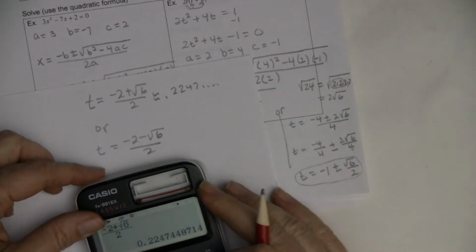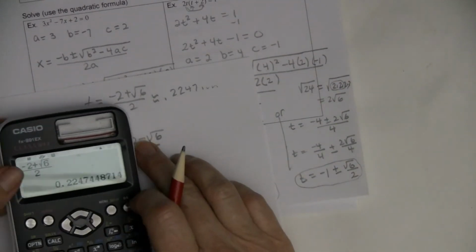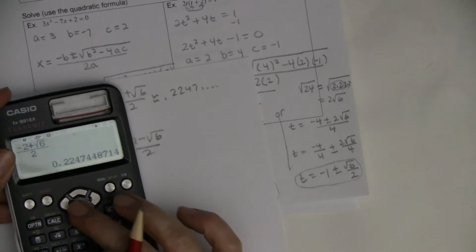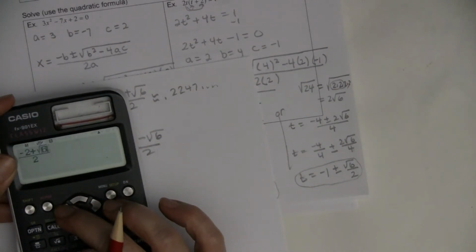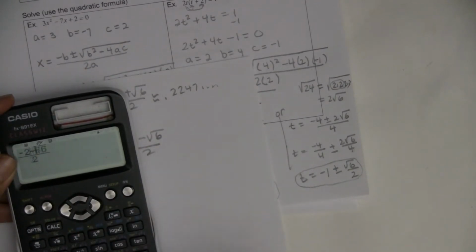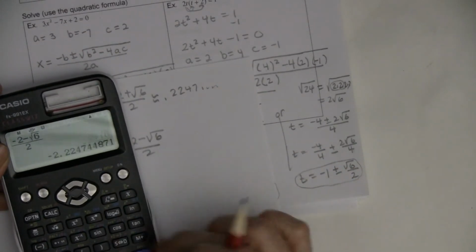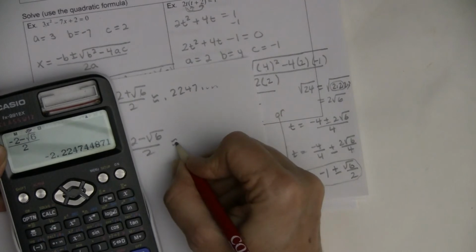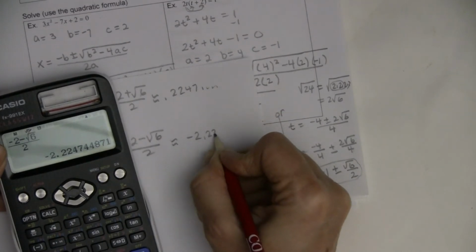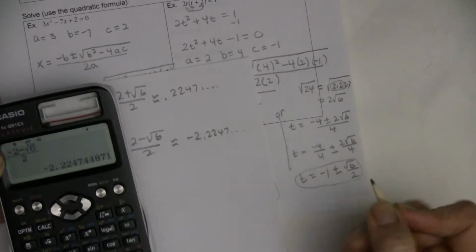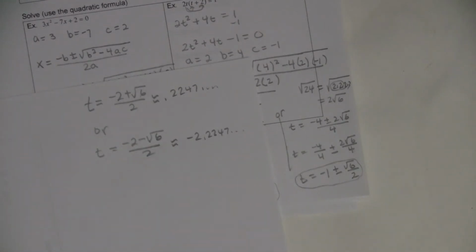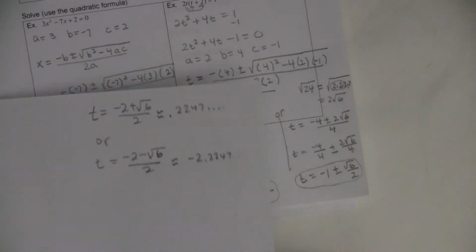They didn't tell me where to stop. If I want to find the other one, then I needed a negative in between. So let me go here and get a negative. And of course, it gives it back to me. And so this is negative 2.2247, it goes on. And so anyway, that's the story on that.